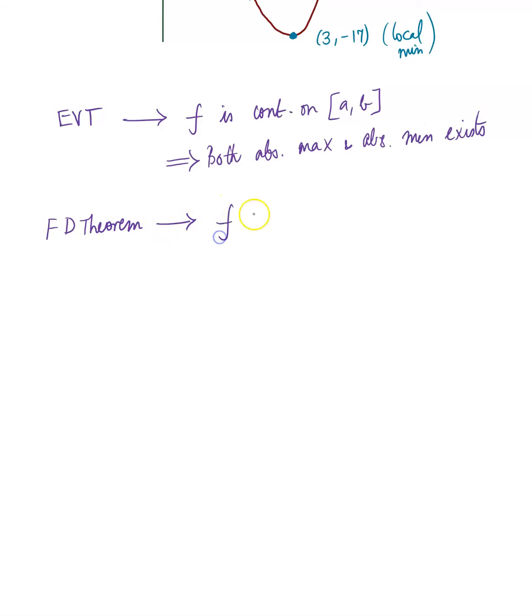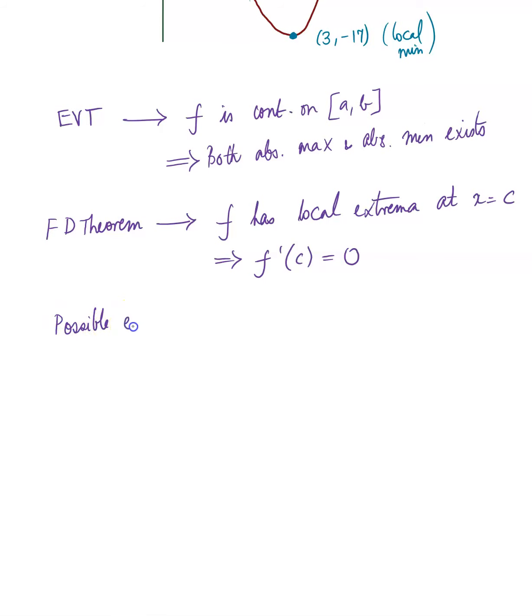The first derivative theorem says that if f has a local extremum at x equals c, it implies f prime of c is 0. And where will you find the possible extrema?